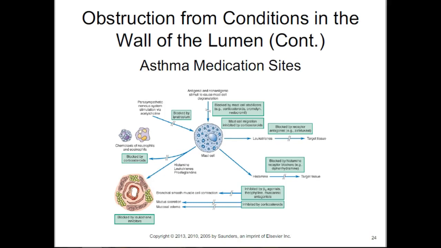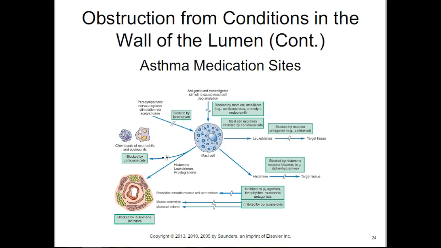All right, so you can see here all of the different methods by which you can block your mast cell responses and other responses in asthma, to block asthma. So, for example, the parasympathetic nervous system, right, can be blocked by ipratropium, which can be delivered via an inhaler form, right? Chemotaxis of neutrophils is blocked by corticosteroids, so things like prednisone.